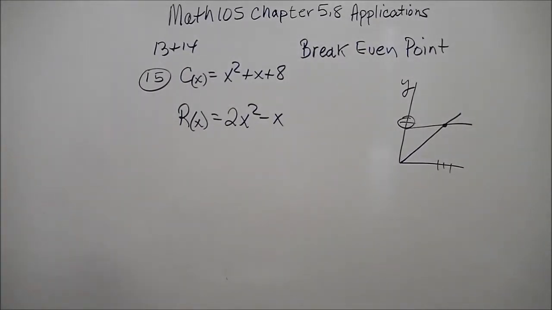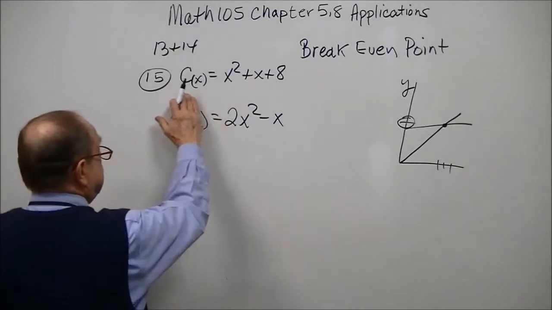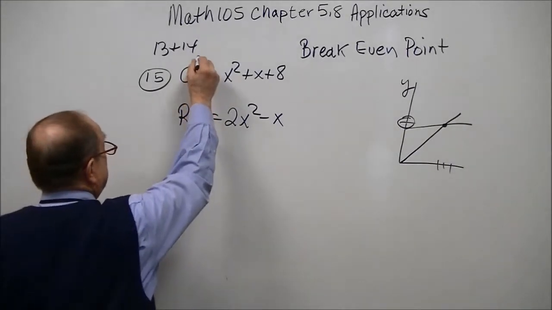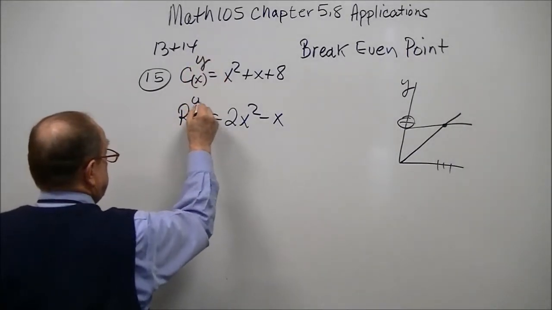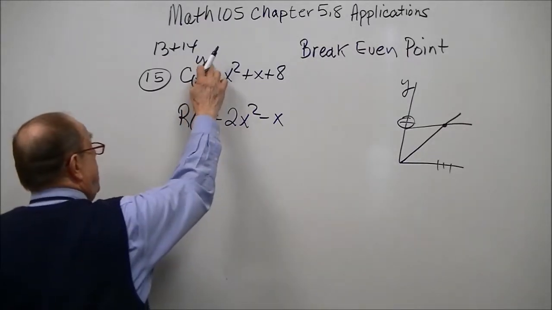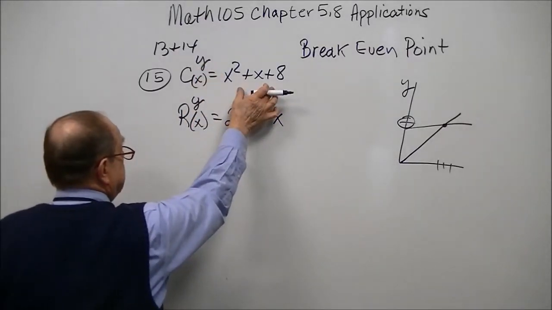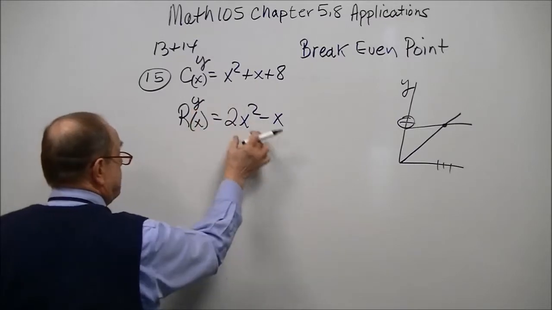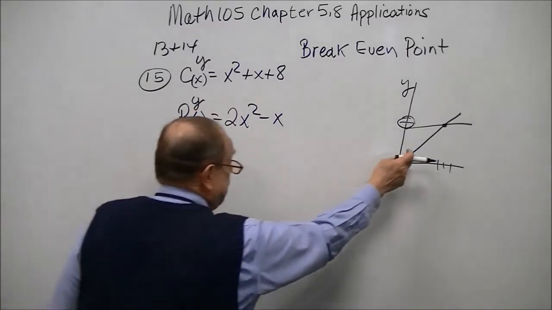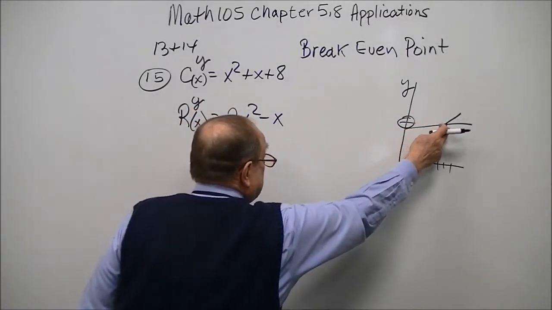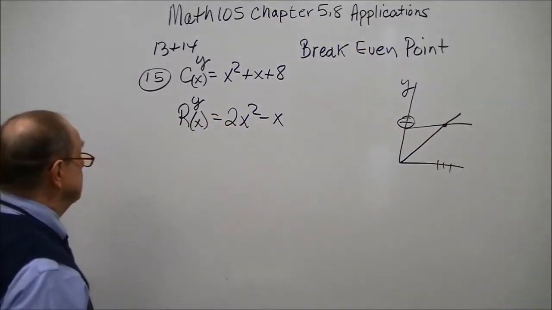So again, let's develop a strategy for doing this. And this works for all of these, by the way. Remember, we said we could replace the function notation with the letter y. So in a sense, we have y equals this, and y equals that. That's our two different equations. We're wondering, where do they intersect?